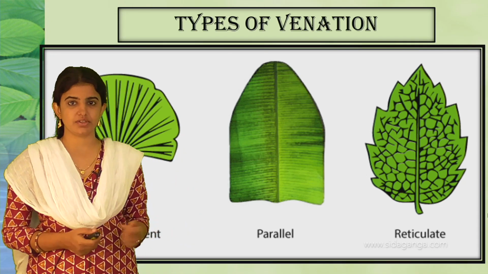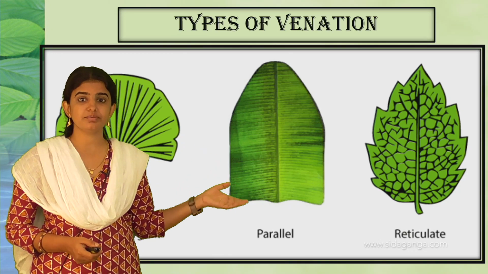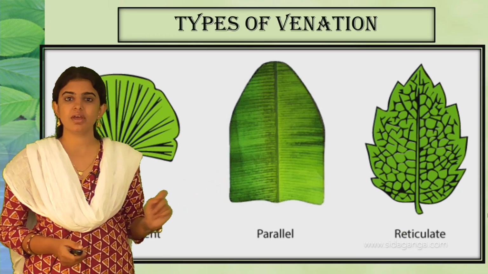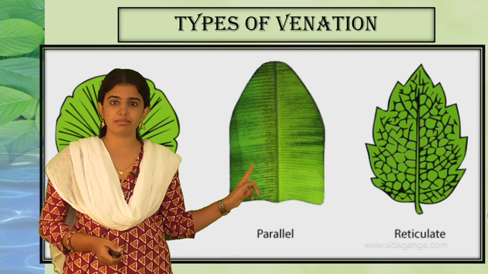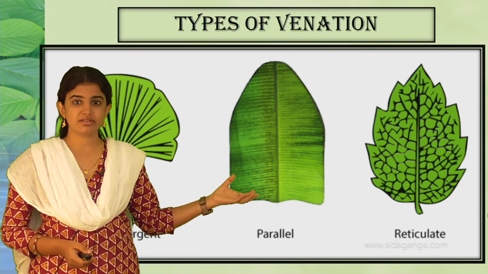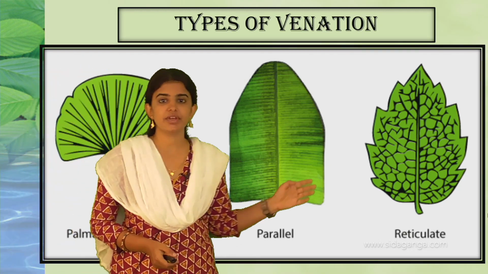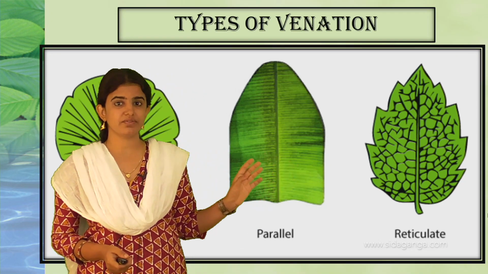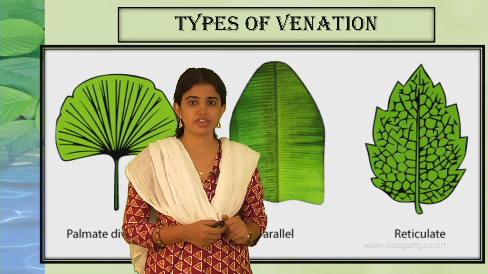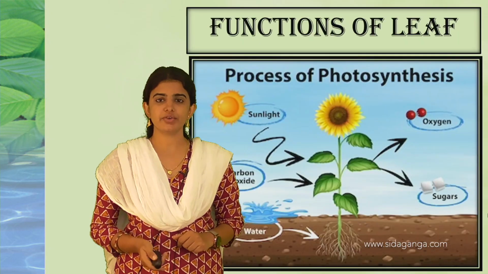Here is the parallel venation, where the veins run parallel to each other. The banana leaf is an example where we can see parallel venation. The hibiscus plant is one example of reticulate venation, where the veins form a network.